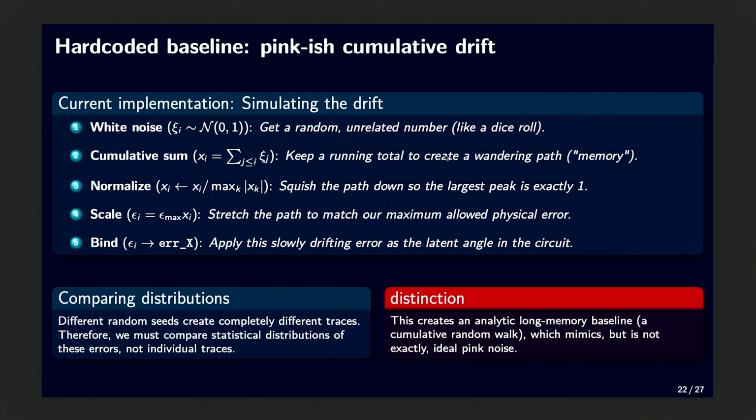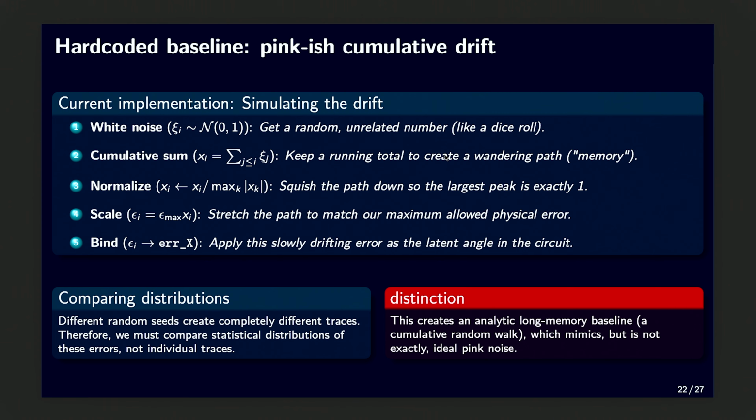The hard-coded baseline was white noise. In quantum physics, they color the noises based on, I think, something. White noise means a random number, kind of like rolling a die. So you give a random number, and then you take the cumulative sum, because you want to add memory to it. Otherwise it's going to be Markovian.